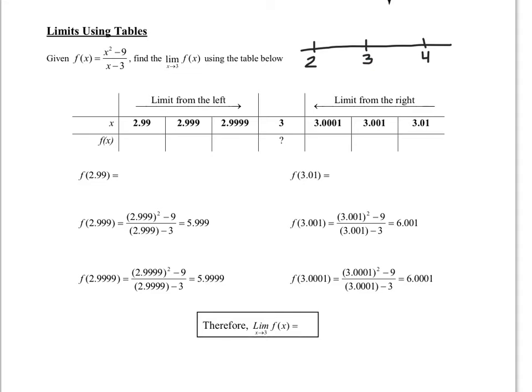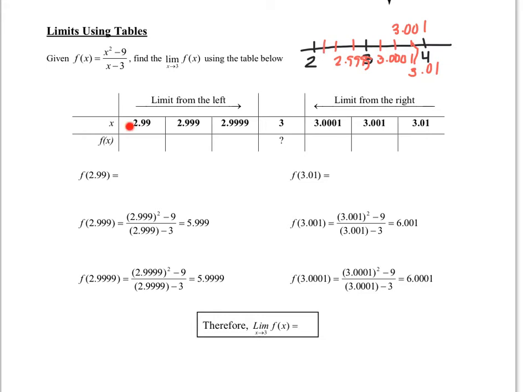So we could say numbers like 3.0001, 3.001, or even 3.01. We're just getting a little bit further away each time. Or we could say a little bit closer to 3 on the left side, about 2.9999, and then so on and so on.